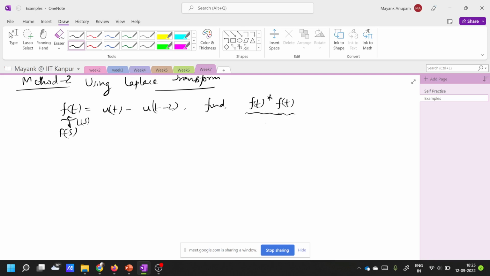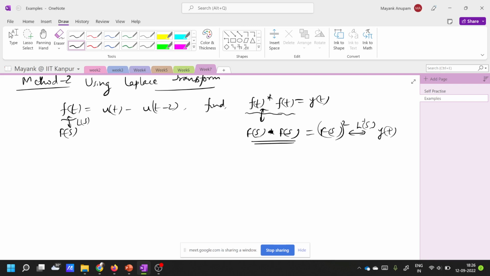Convolution is simply replaced by multiplication, right? So this will become simple multiplication into F of s, so F of s square, right? And after that you can invert it again, Laplace inverse, to get your y of t. Right? So by the way, this is y of t.